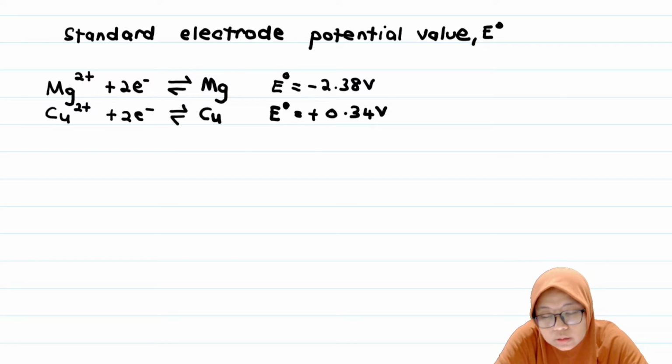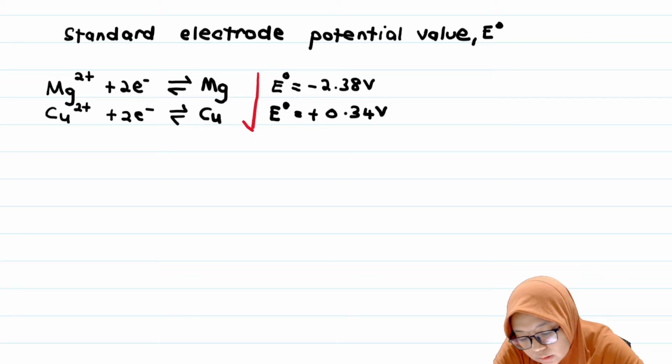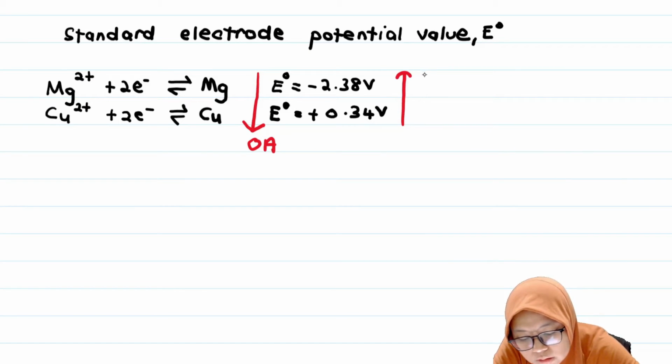As we already discussed in the previous video, going down the series, the metal becomes a stronger oxidizing agent, and going up the series, the metal is a strong reducing agent.